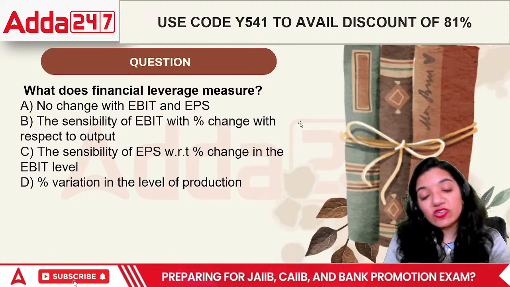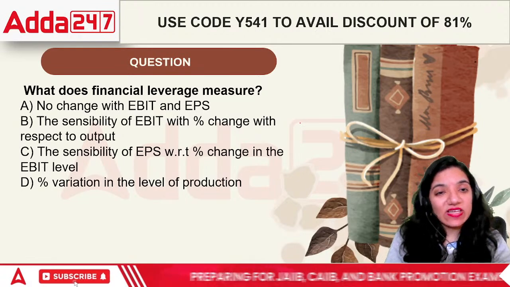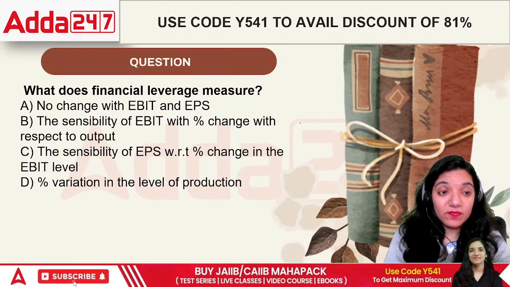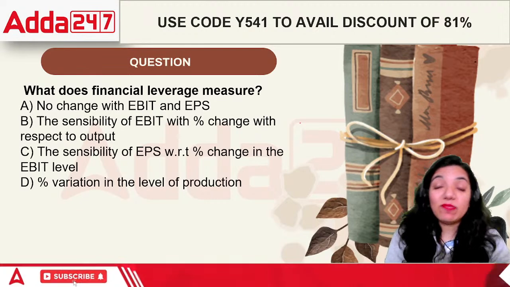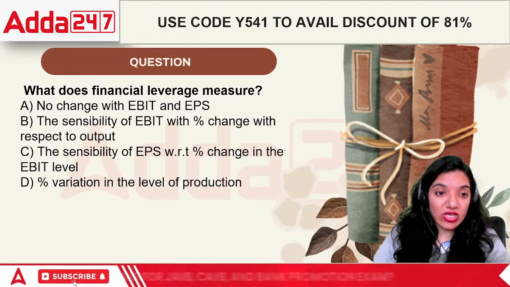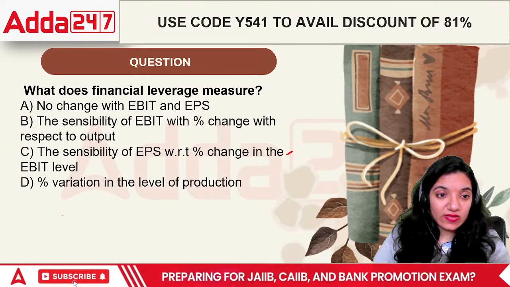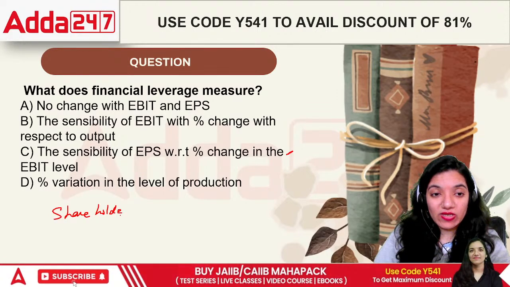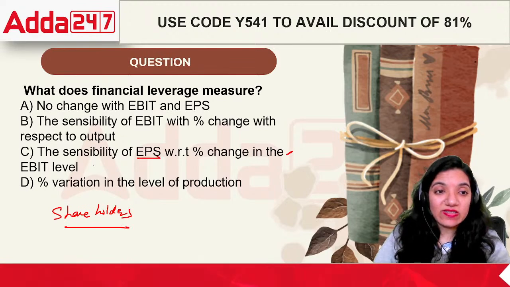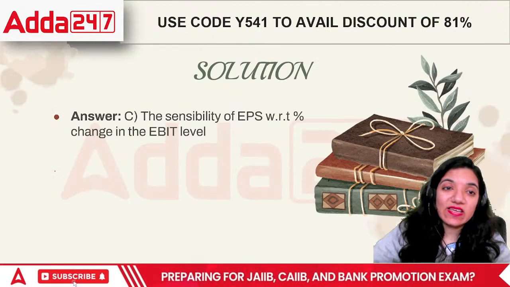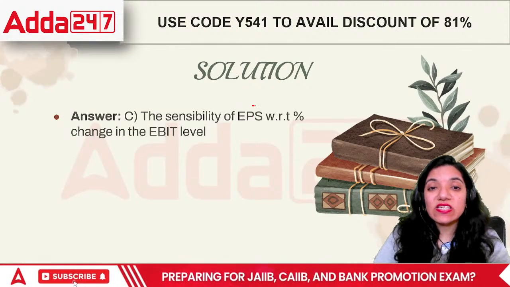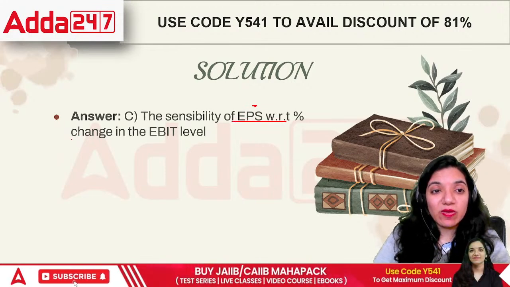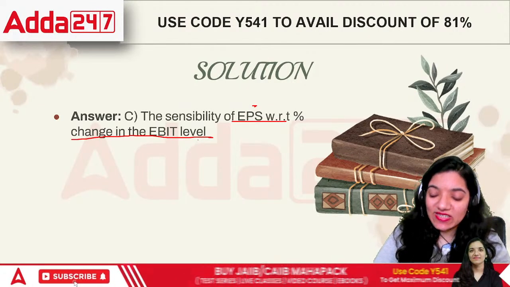It is related to EPS as well as EBIT, because we need to find out the amount that we would like to give to our shareholders. So the sensitivity of earning per share with respect to the change in the EBIT level.